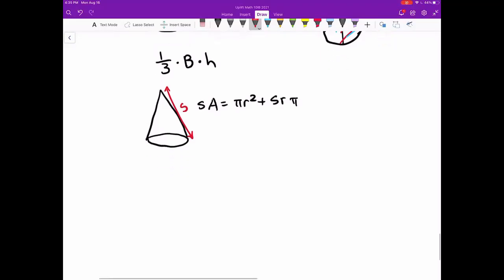Theoretically it would work out, but experimentally it's 1/2 times r times the height, and you multiply by 2 pi r, I believe.